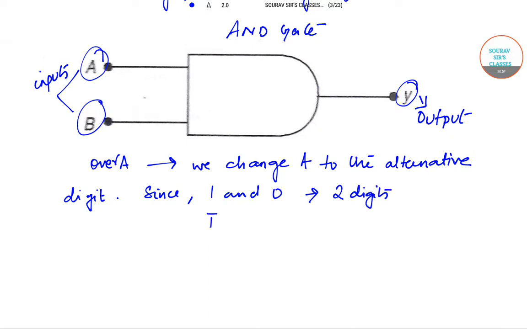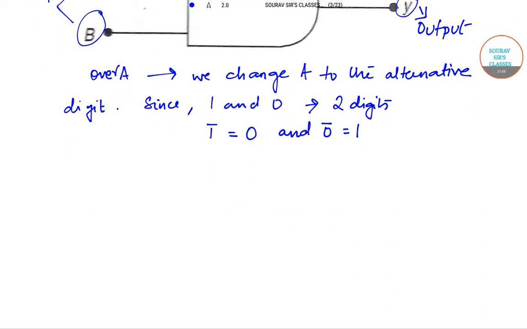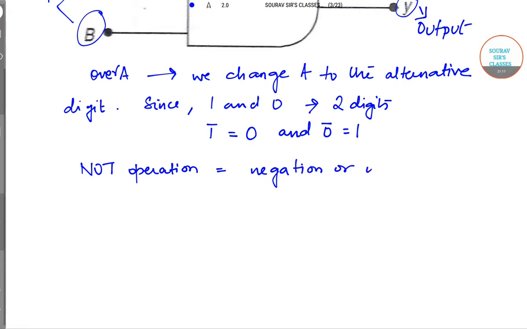Therefore we have 1 bar equal to 0 and 0 bar equal to 1. Thus we can say that NOT operation is also called the negation or inversion.